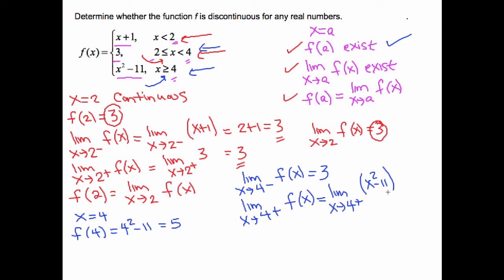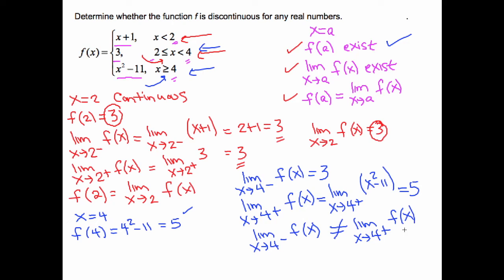Well, if I evaluate directly, I did that calculation a moment ago, the result is 5. Notice the left-hand limit as I approach 4 of f of x is 3, and the right-hand limit as I approach 4 of f of x is 5.